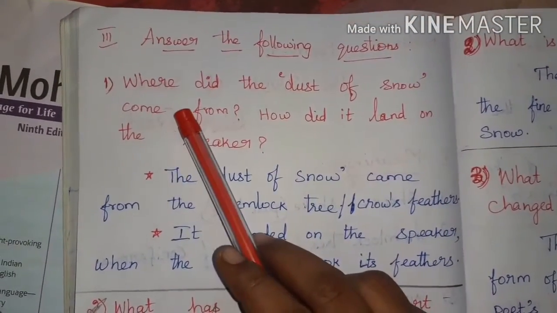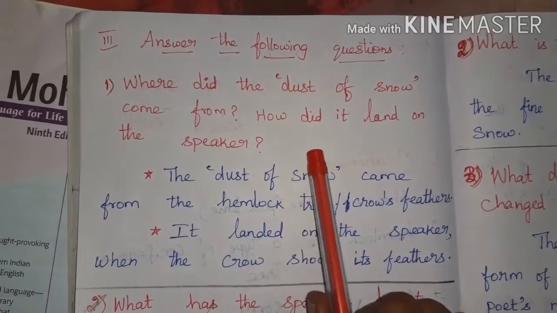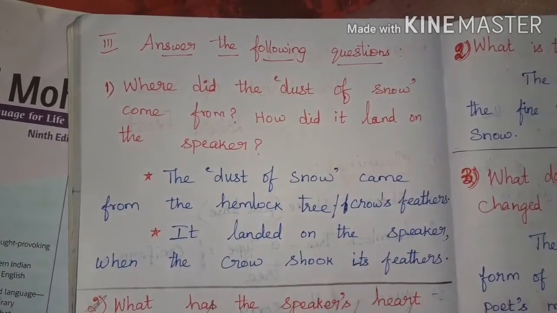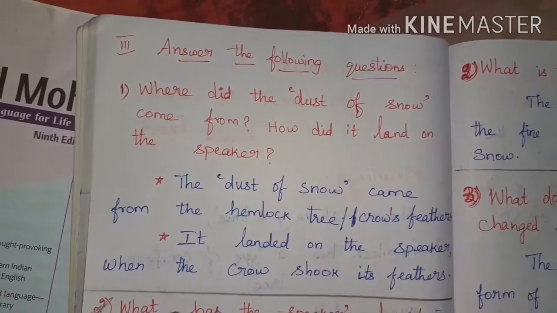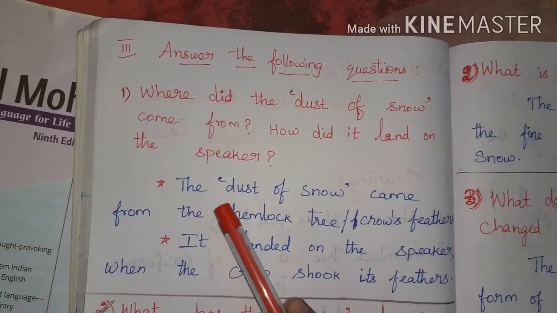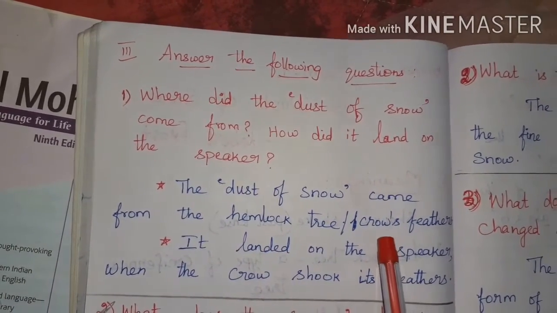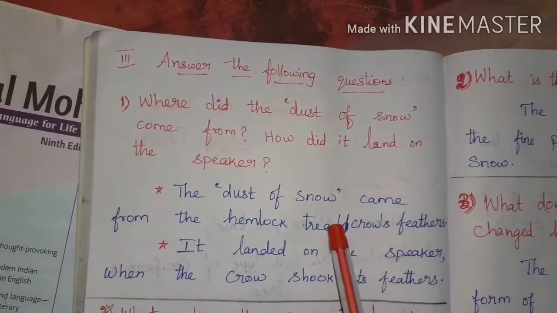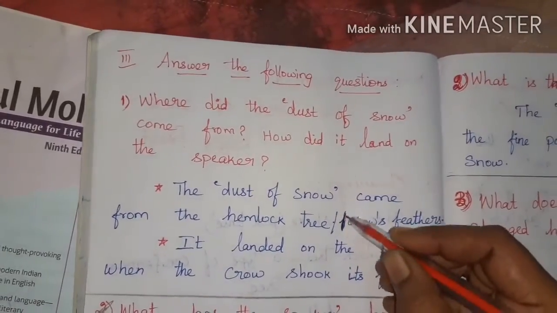Where did the dust of snow come from? How did it land on the speaker? For that, the answer is the dust of snow came from the hemlock tree, or crow's feathers. We can write hemlock tree or crow's feathers.